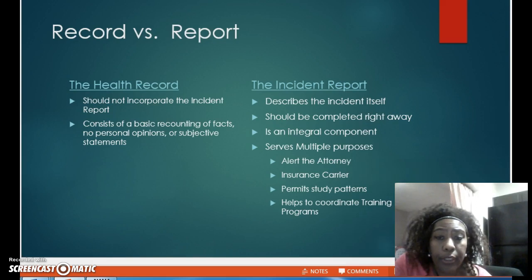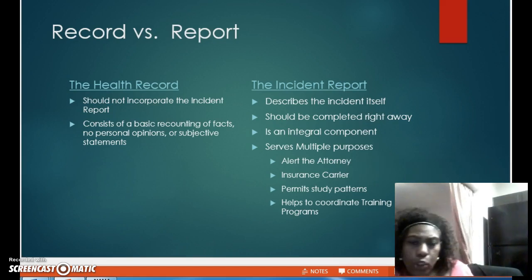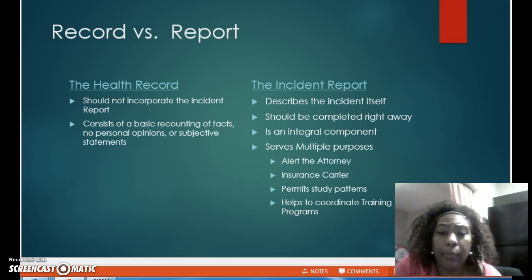The incident report describes the actual incident itself, should be completed right away, is an integral component, and it serves multiple purposes. Meaning it alerts the attorney, it alerts the insurance carrier that there's a possible lawsuit or some kind of legal problem that's going to come out of it.